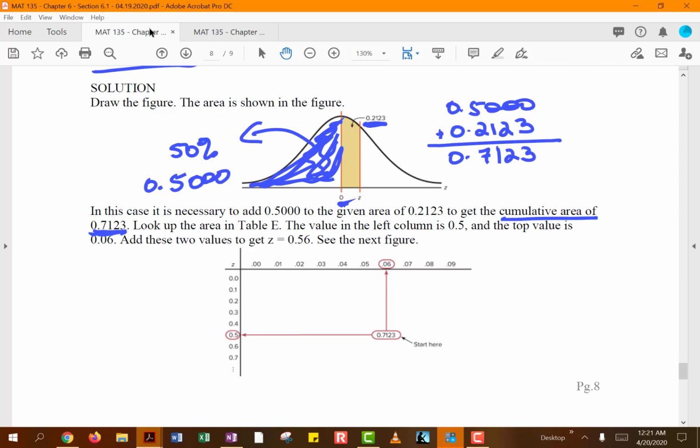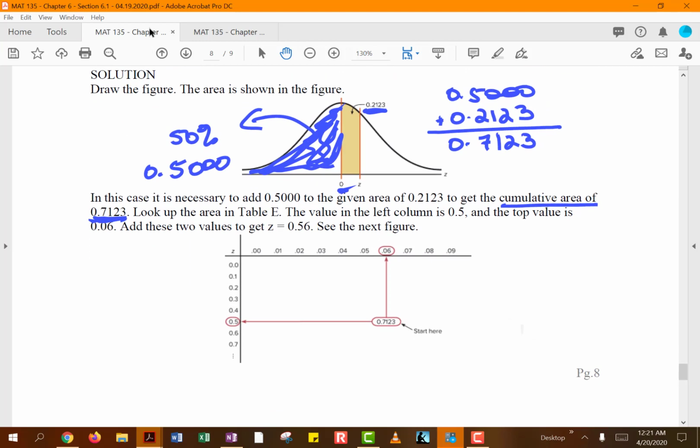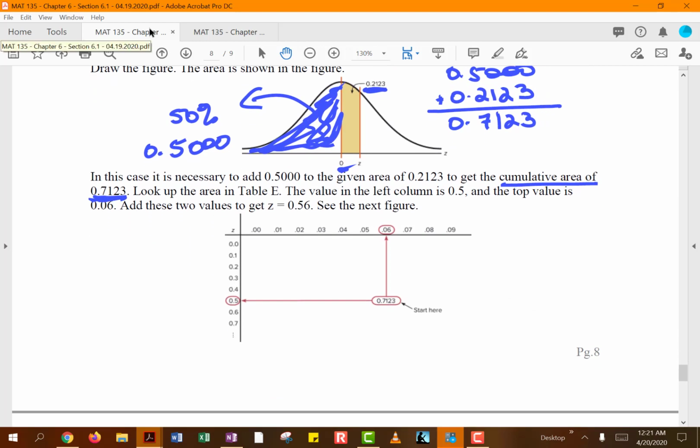So when you go to your table, you actually have to look at this cumulative area of 0.7123 and see in our table if we can find that exact number. As you can see in this figure over here, we can find 0.7123 in our table, which corresponds to 0.5 and 0.06 here, which means you are looking at a z-score of 0.56.